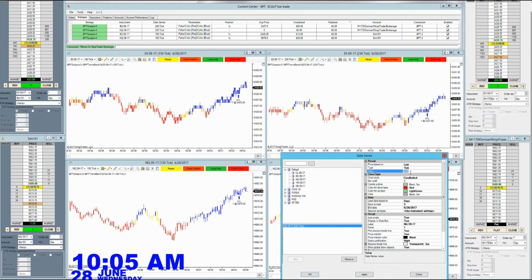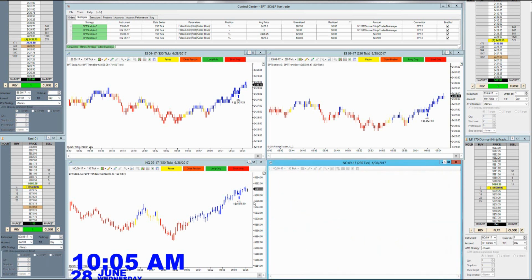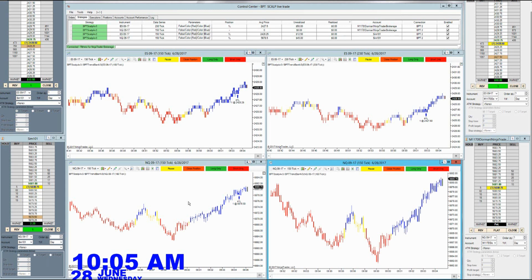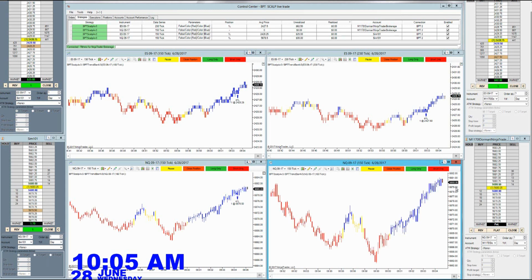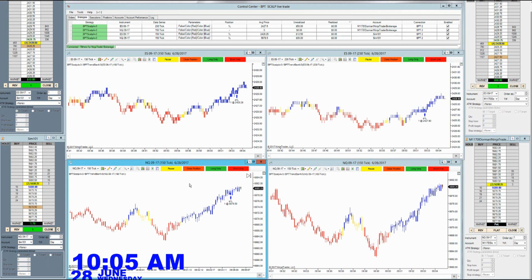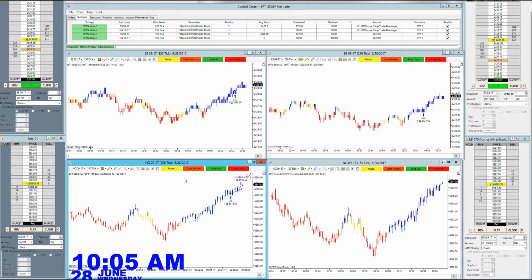Here I'm still trying to figure out what's going on. By the time I put it on 150, I was forced to close that position. You can click on the button here, and then I closed it. You can close the position in here, so both of them could take the same trade at the same time. And it was a very nice winning trade, and should have made at least $150 on that trade.